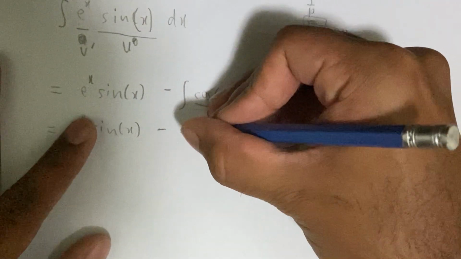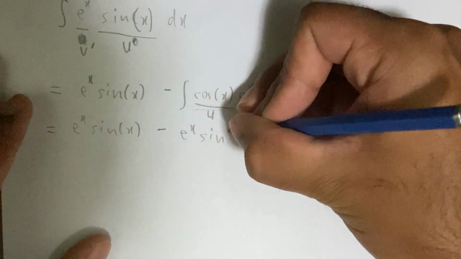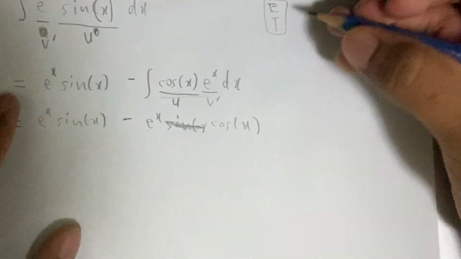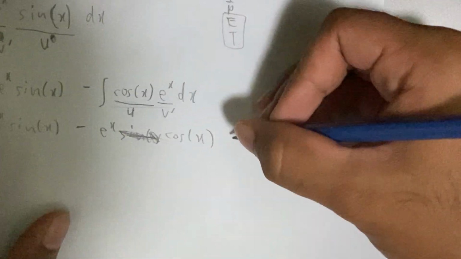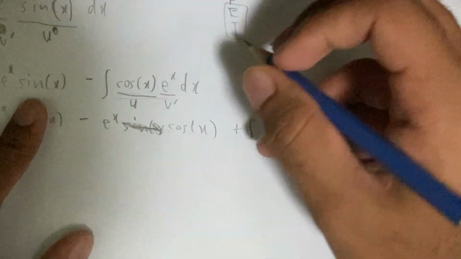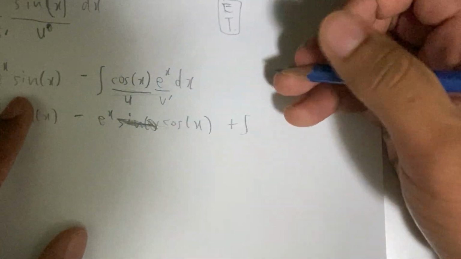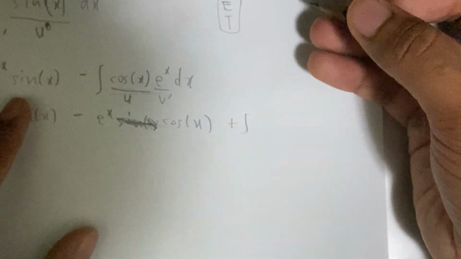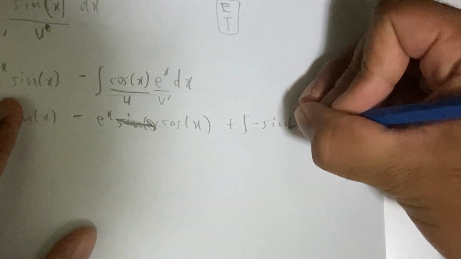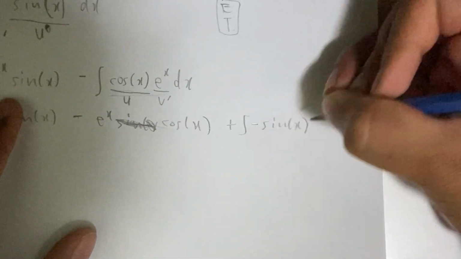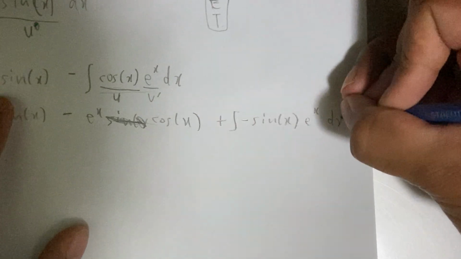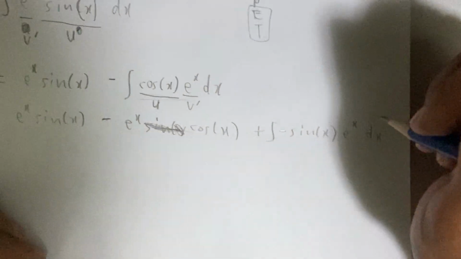We get e^x cos x, and then because there's a minus sign, this becomes plus over here, because the minus cancels out, and then you get a minus sine x e^x dx. All right, that looks good.